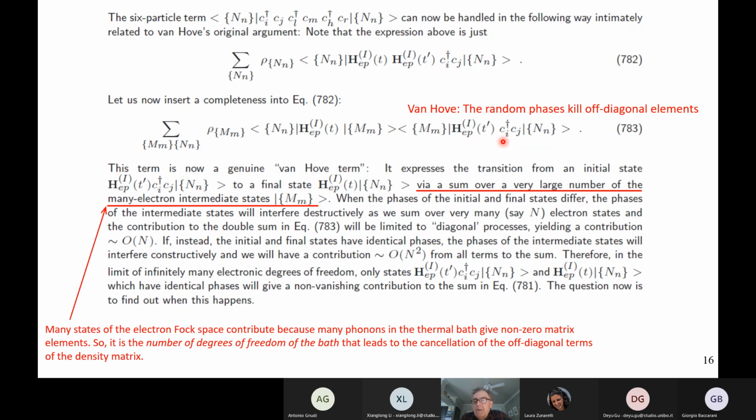Similar things, but there the emphasis was not so much on approach to thermal equilibrium, but more on the interpretation of quantum mechanics. So one of the many attempts to give a formal proof of the Copenhagen interpretation. They're all doomed to failure, but there have been many attempts.